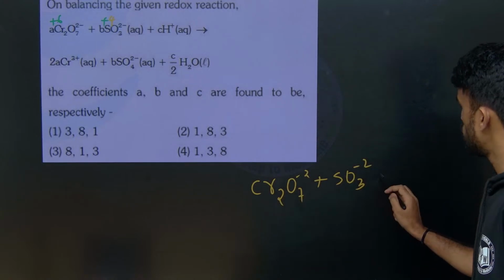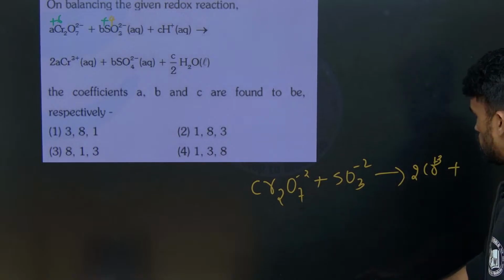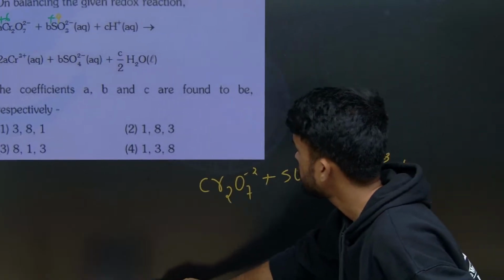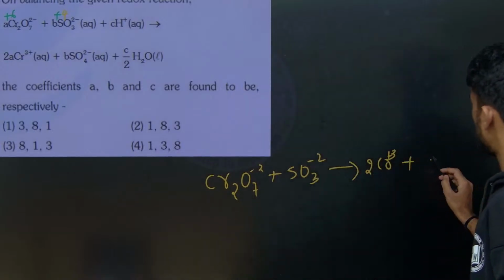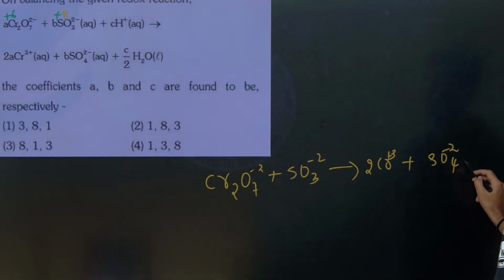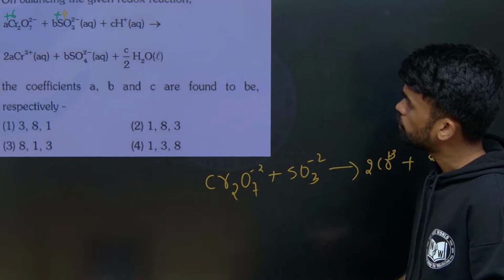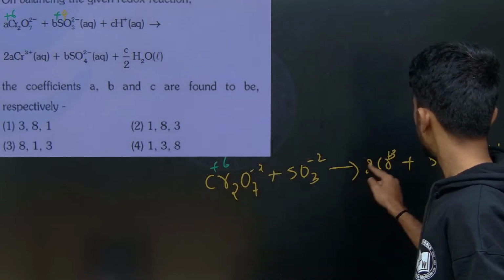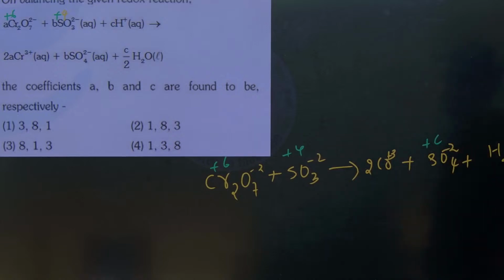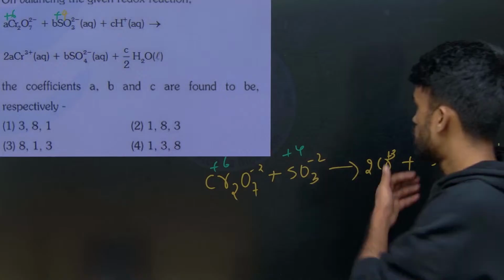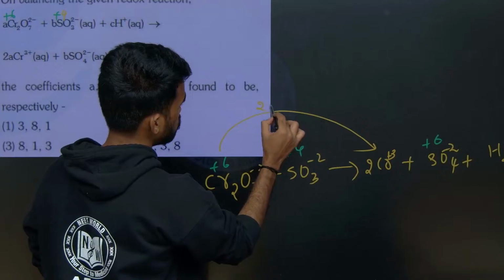It will be giving 2 moles of Cr+3, they mentioned. Do not take A, B, C, D, directly write the products, whatever the products are there. After that we will compare the final equation. H2O you can write, these are the products they mentioned. Here it is +6, here it is +3, here it is +4, here it is +6. Like this we can find. First of all, find the oxidation state. Now from here to here, how many electrons are changed?